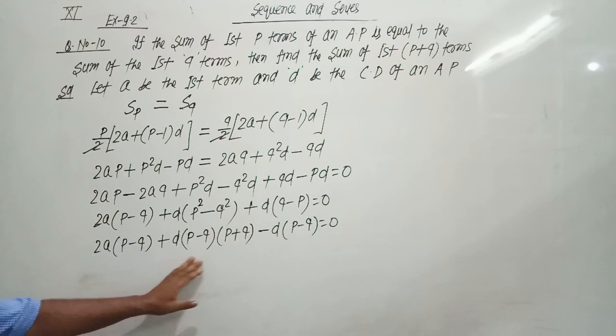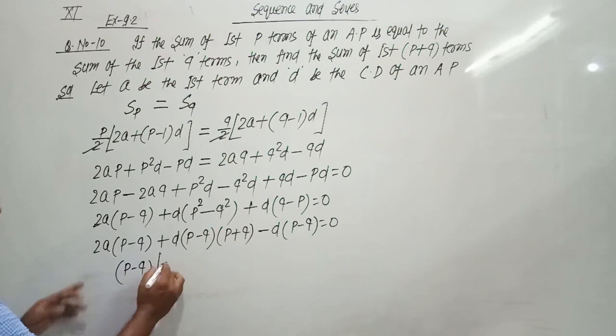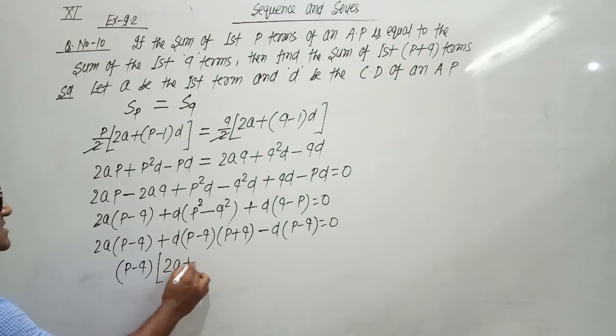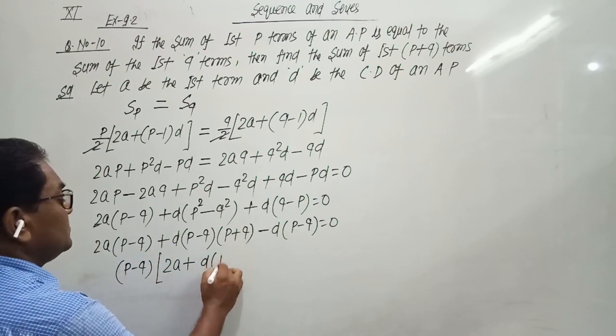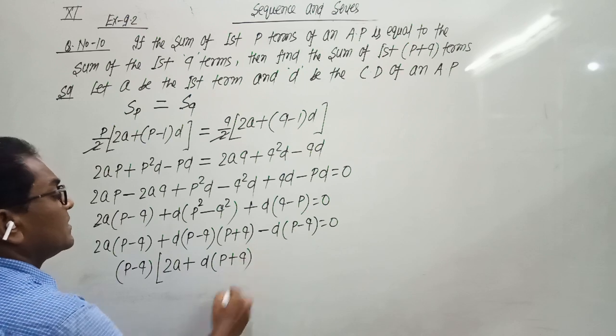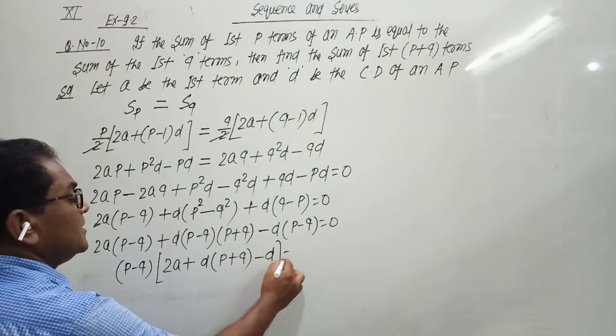Now throughout, (p − q) is common. So we get (p − q)[2a + d(p + q) − d] equals 0.